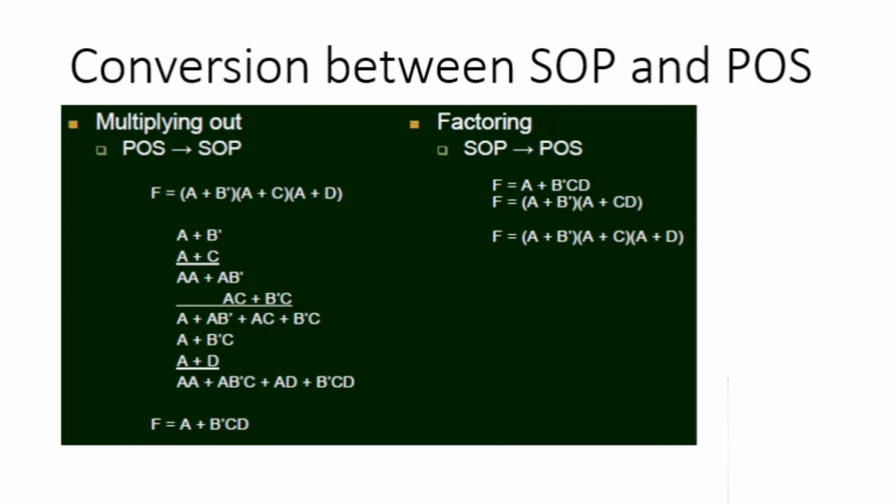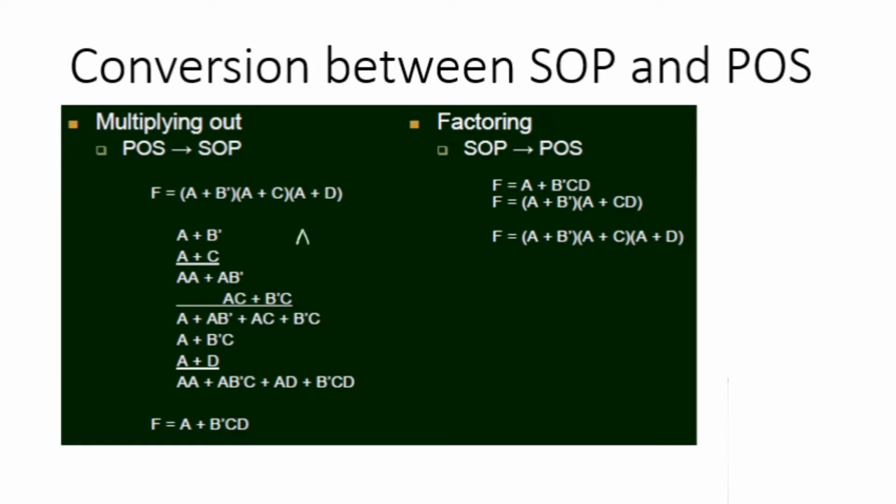So conversion between SOP and POS. It is very simple to convert this POS into SOP by simply opening the brackets. Here we can see that if I want to convert this POS into SOP, I can do this very easily by doing this A plus B bar.